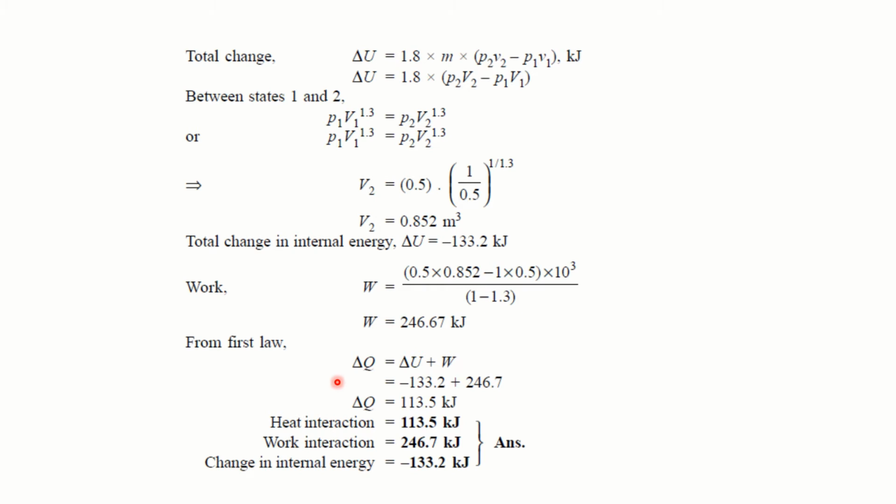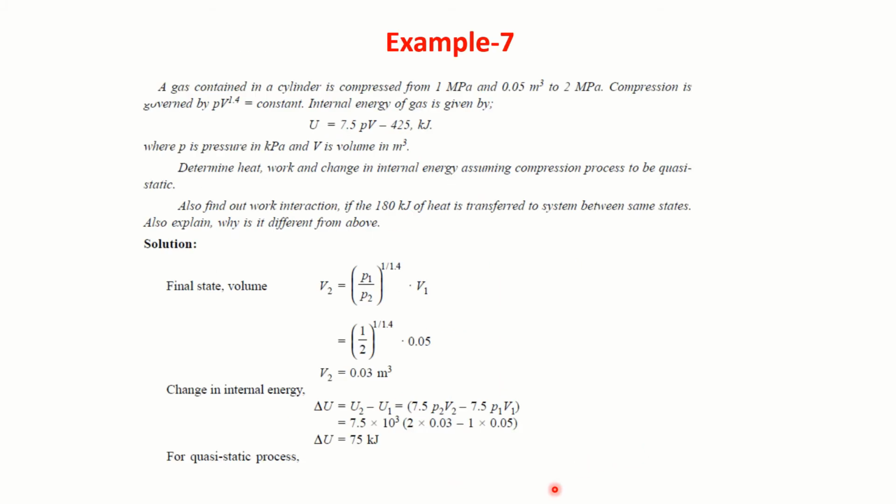For a closed system executing a process, delta Q is equal to delta U plus W. Delta U value you know, W value also you know, then I can find delta Q value. So thus heat interaction is 113.5 kilojoule, work interaction is 246.7 kilojoule, and change in internal energy is minus 133.2 kilojoules. Okay, let us look at another example.